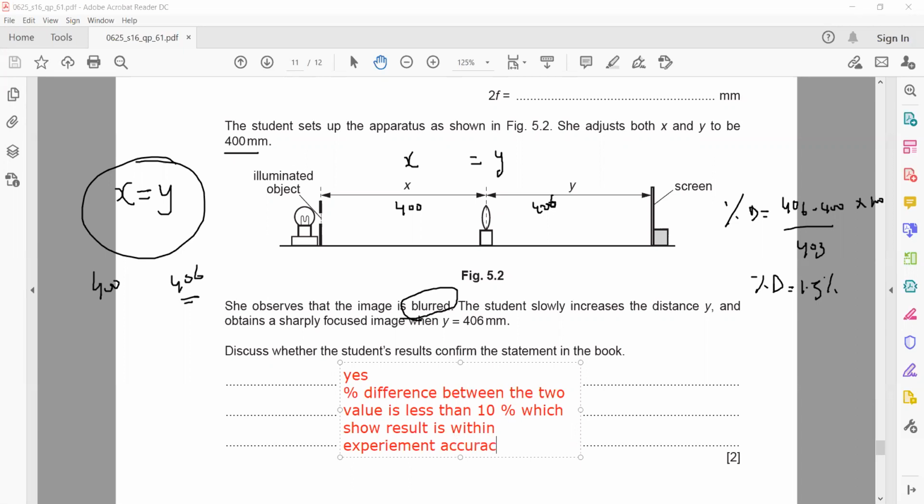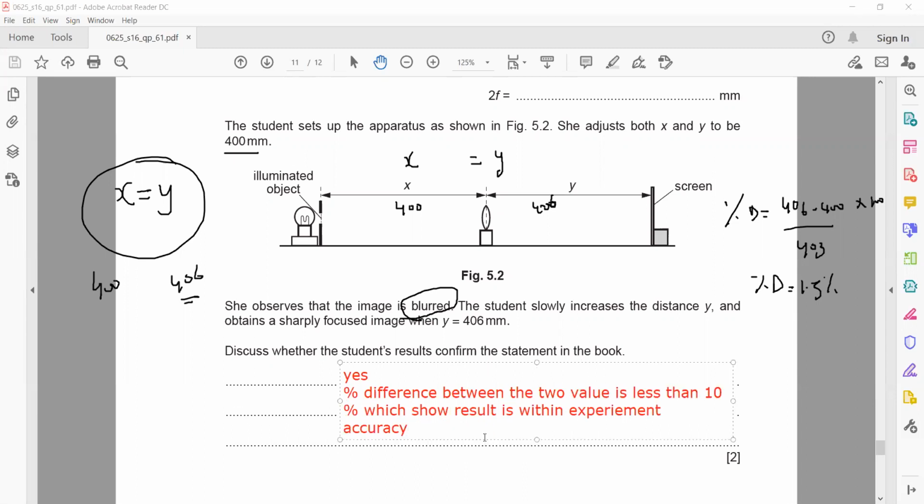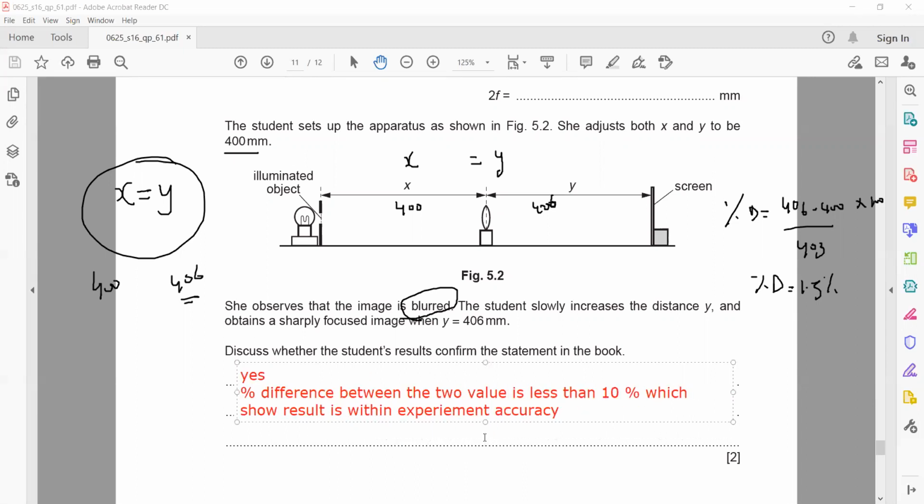accuracy. This is a term we use when the percentage difference is within the limit. If the percentage difference is more than 10%, we will say the statement is not true, or the results are not within the experimental accuracy. Is this part clear?